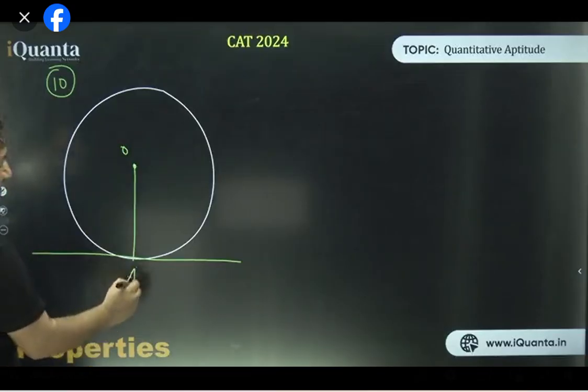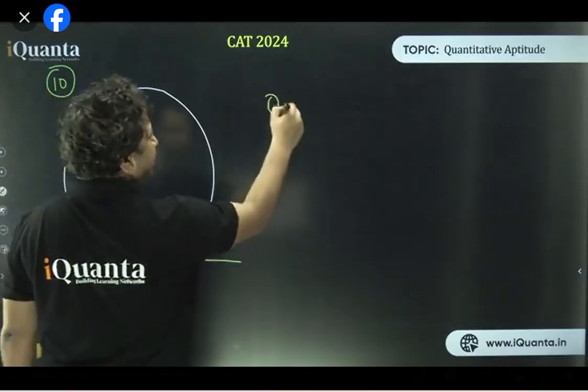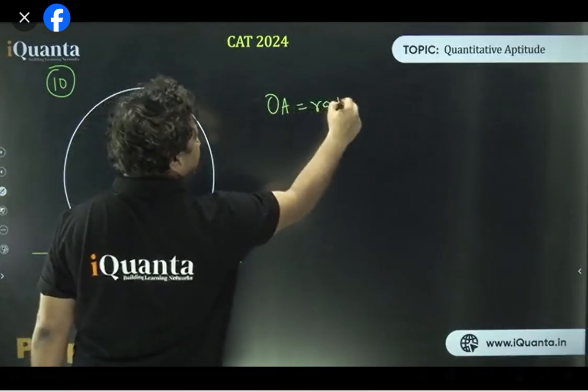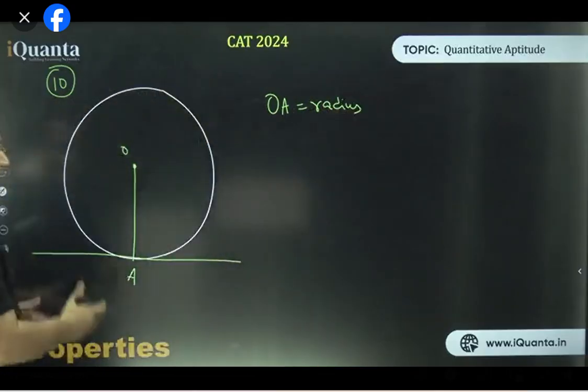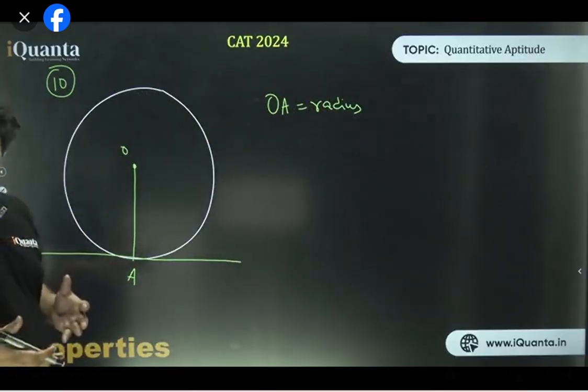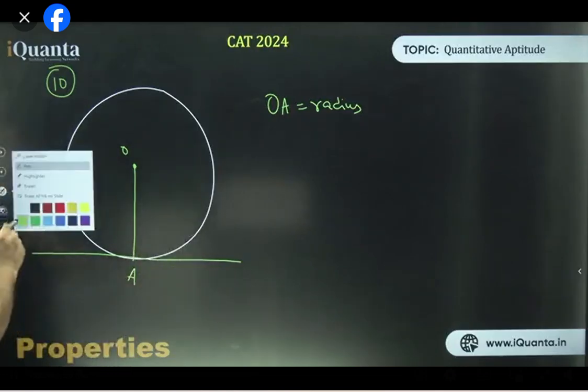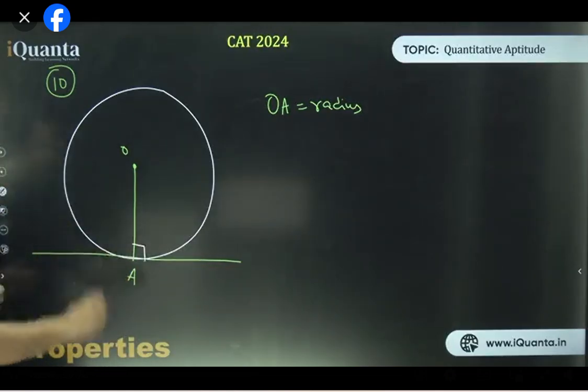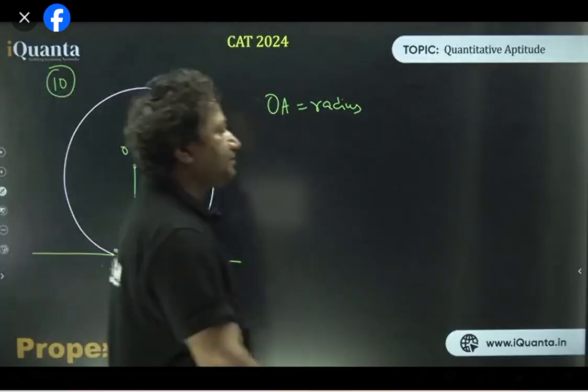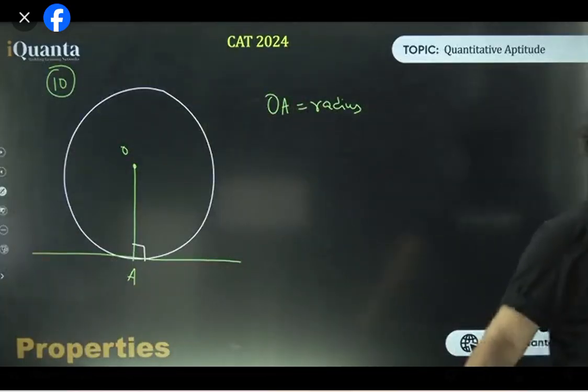Let this be A. So OA is the radius, yes or no? Whenever you draw the radius on a tangent, it will always be at 90 degrees. This is going to happen always.